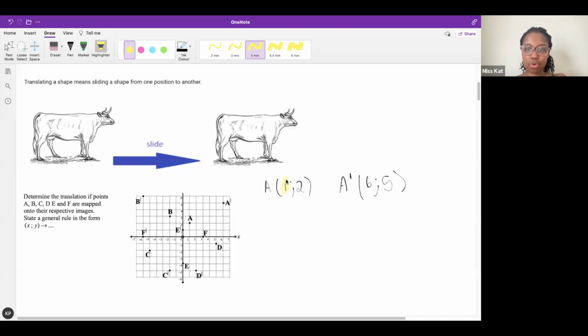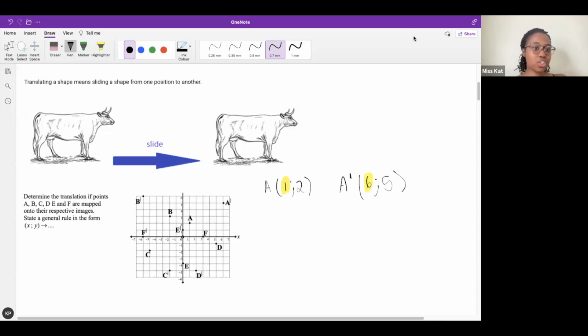So this is my X coordinate, which means my X coordinate for A prime is 6. Now to get from 1 to 6, we're looking at our Cartesian plane, guys. Did we move left or right? To get from 1 on the x-axis, we need to get to 6. Did we move to the left or to the right?